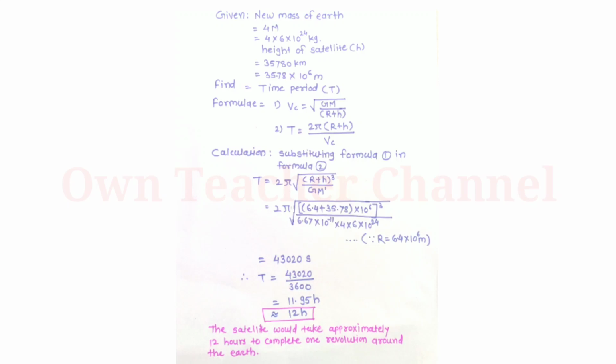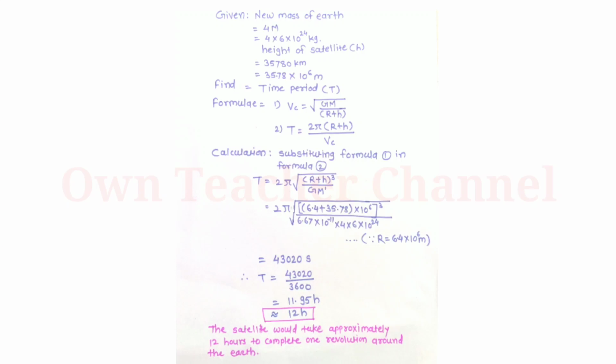2 pi root 6.4 plus 35.78 in bracket into 10 raised to power 6, bracket close, cube upon 6.67 into 10 raised to power minus 11 into 4 into 6 into 10 raised to power 24.